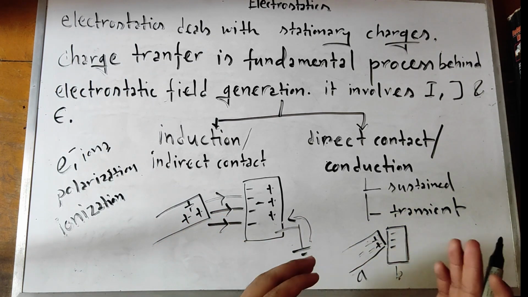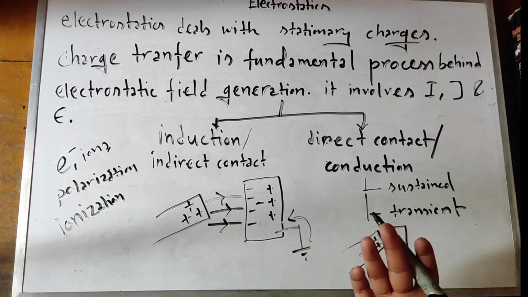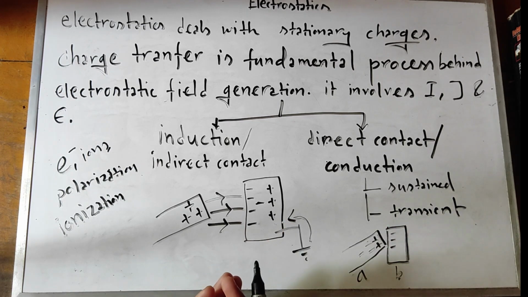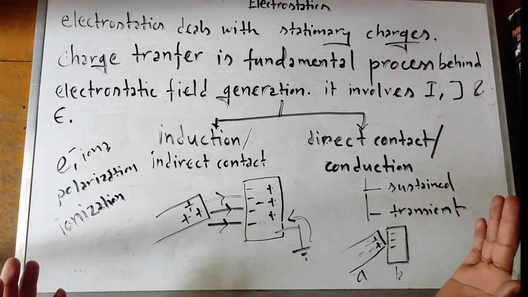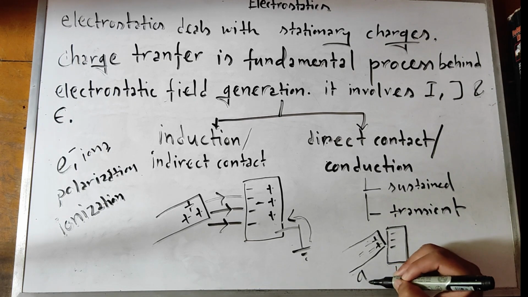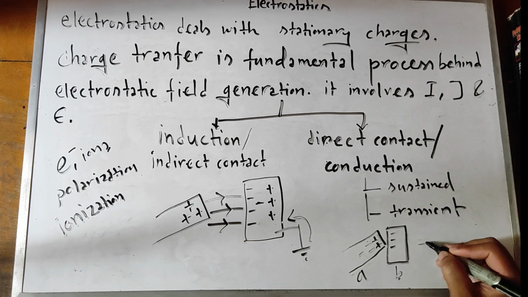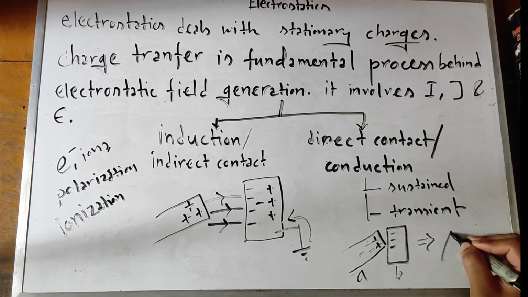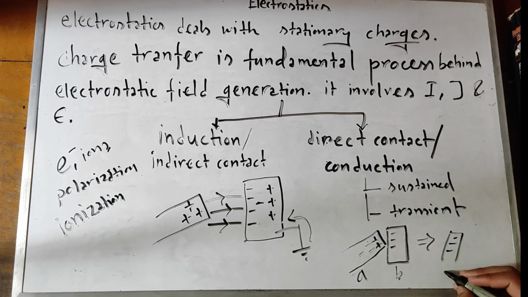But if after touching, when they have transferred enough charge, we take them apart, one will become net positively charged and the other net negatively charged. So this body A would become net negatively charged, and this body would be net positively charged.